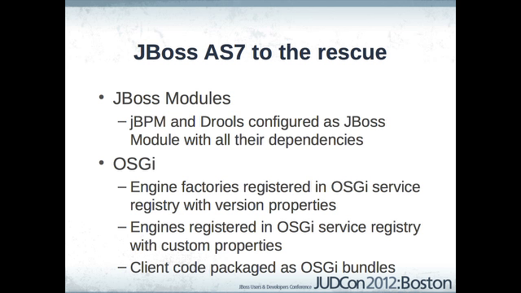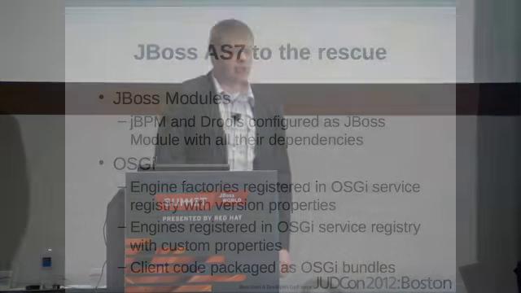Then we have the OSGi level on top of JBoss modules. So the modules can be exposed as OSGi services as well, if there are any that should be exposed to the outside world, so all the bundles can import them. There are a couple of elements introduced with a very thin layer that I call JBoss Enterprise extension.